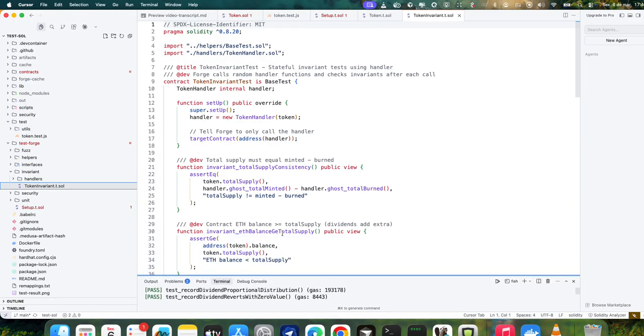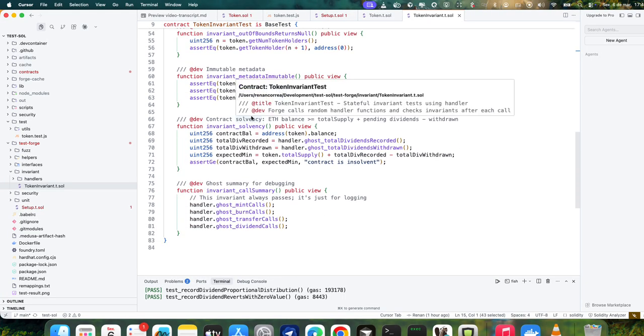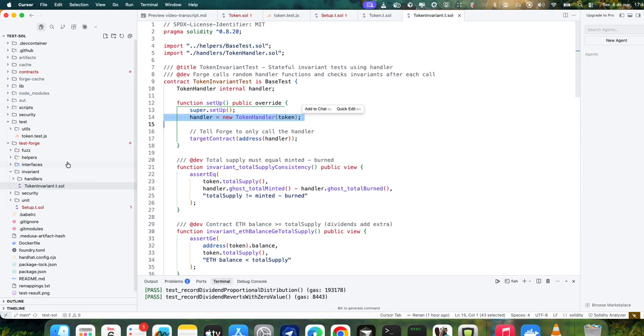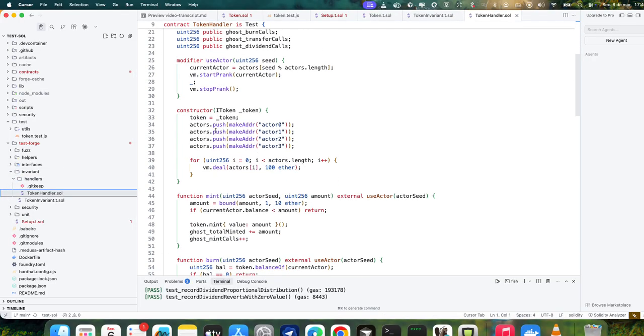The invariant tests use a handler contract that simulates random user actions: minting, burning, transferring, approving, and recording dividends. 8 invariants are checked after every call across 256 runs with a depth of 128, totaling over 32,000 function calls per invariant.